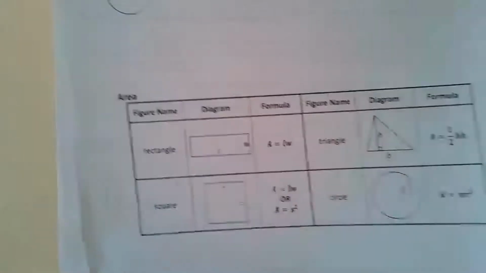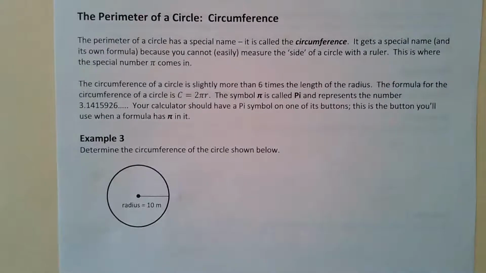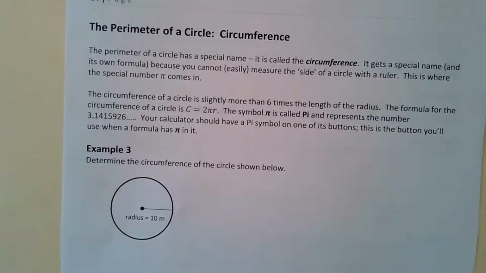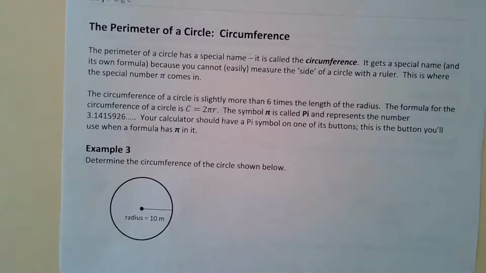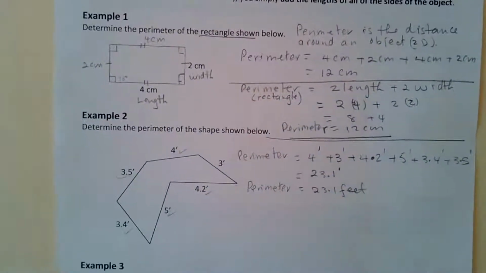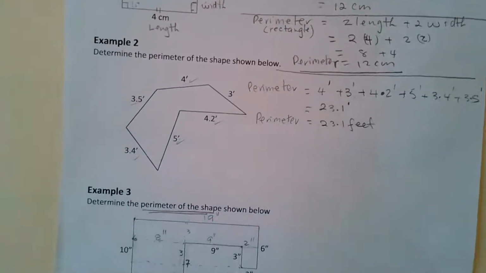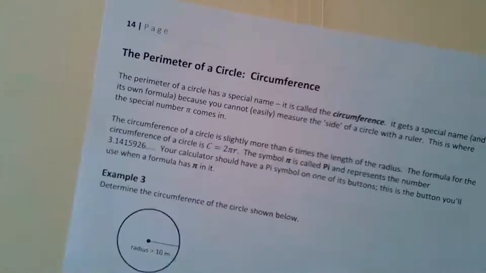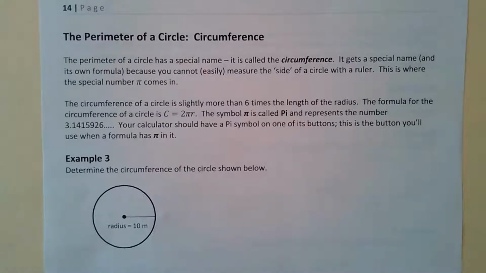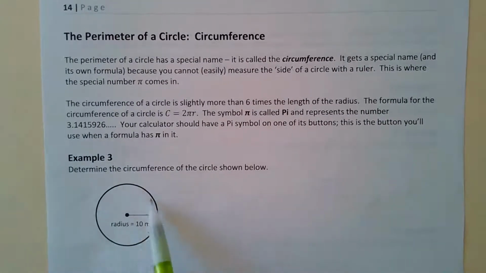Now, the perimeter of a circle. The previous questions we looked at, we have a rectangle and two irregular shapes. When we look at a circle, the distance around a circle is called the circumference.